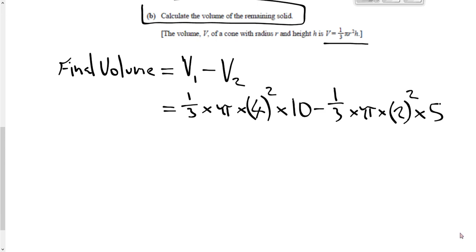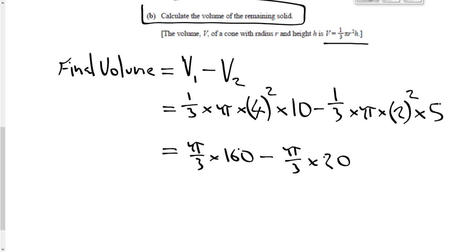You can do all of that in your calculator if you like. I end up with pi over 3, multiplied by 4 squared, which is 16, multiplied by 10, which is 160, minus pi over 3 times 2 squared, which is 4, times 5, which is 20.